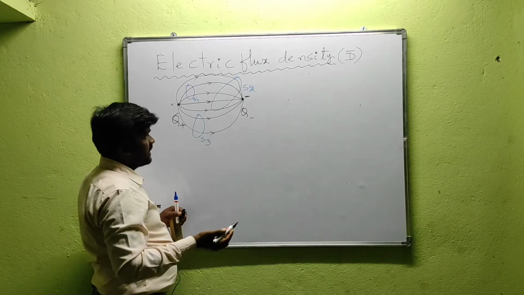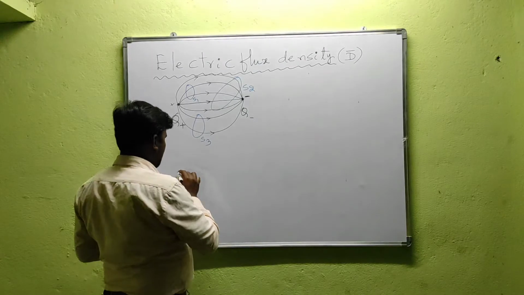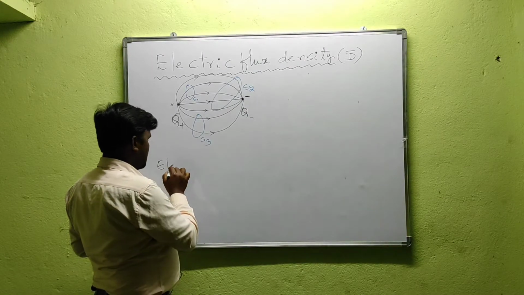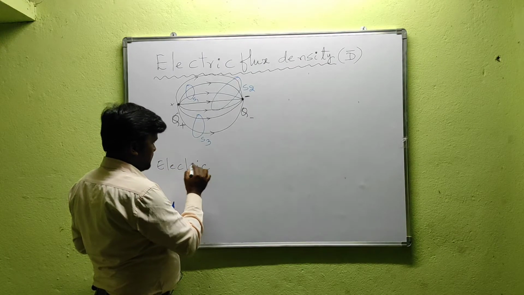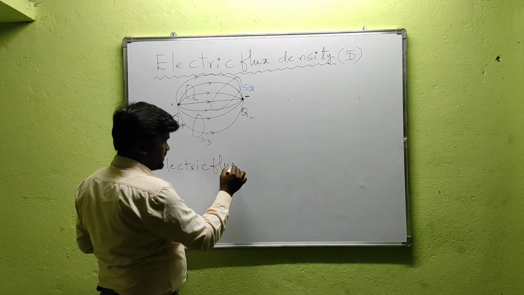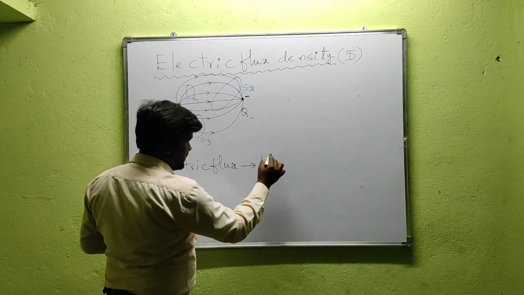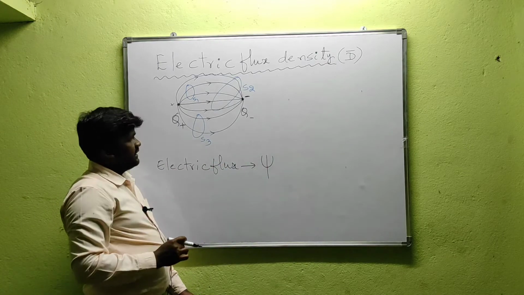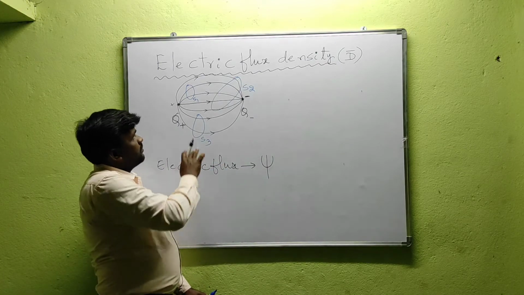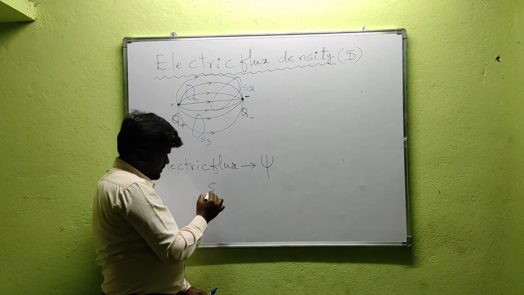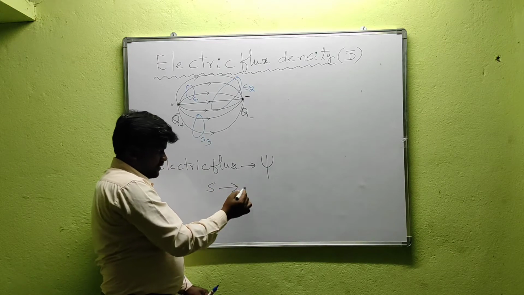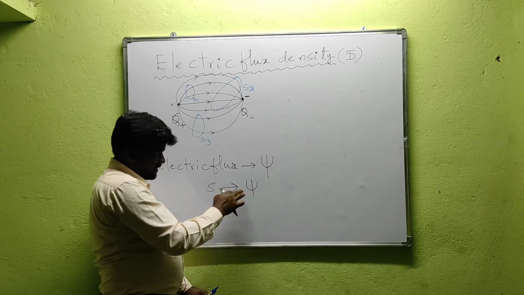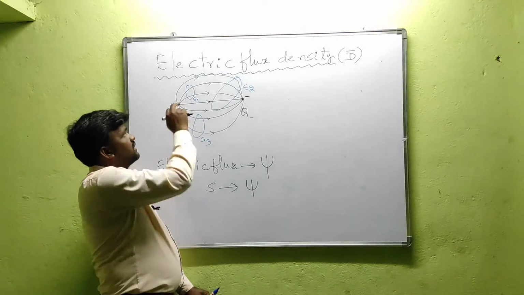is basically the electric flux, which is represented by psi. It is pronounced as psi. So for a surface area S, let us assume the flux crossing this surface area is psi.